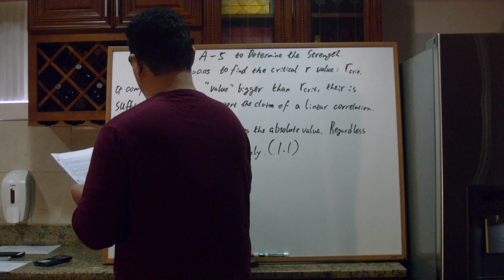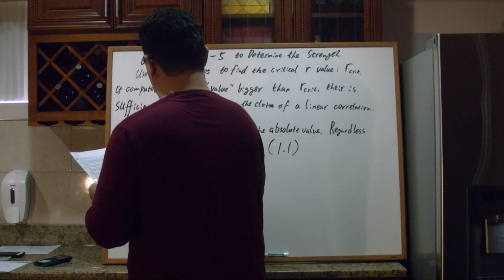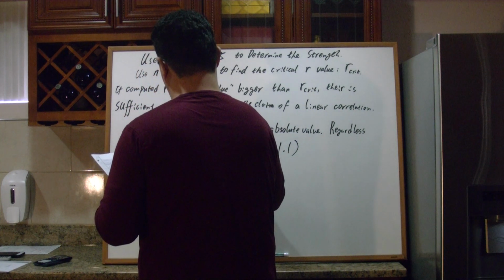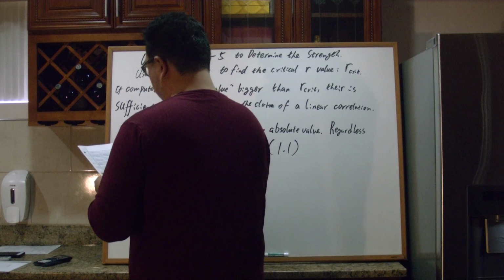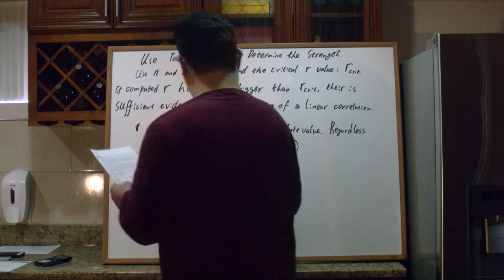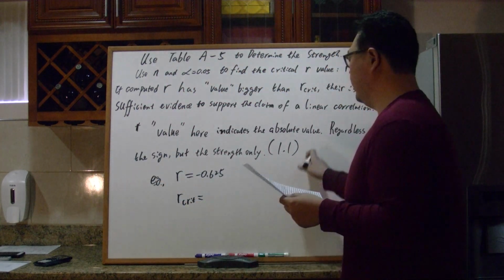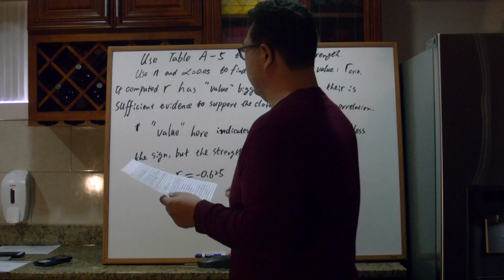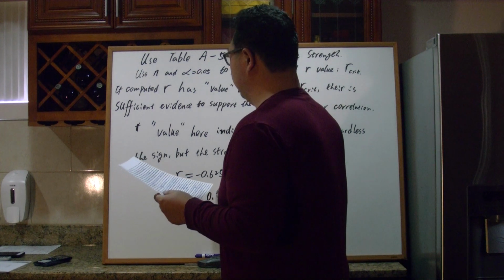In our example, we just computed our R to be negative 0.625, and from the table we found the critical R, as I've graphed it over here, where our n and alpha intersect, has the value of 0.811.